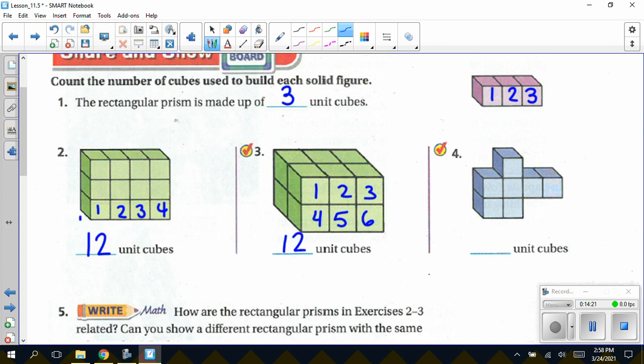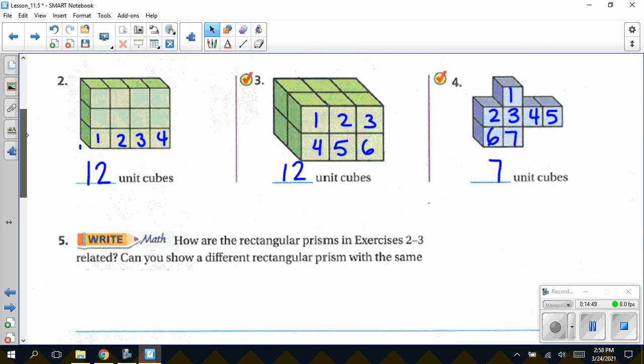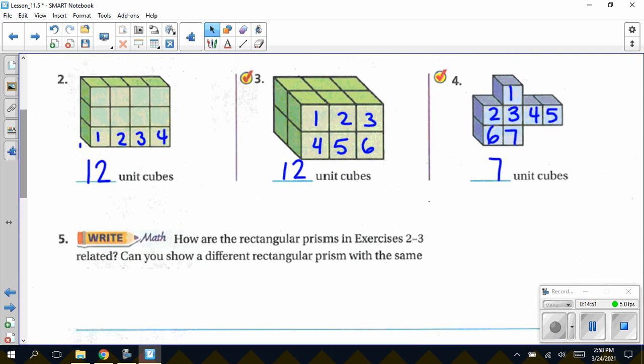Number 4 is one we definitely want to make sure we are counting. So I have 1, 2, 3, 4, 5, 6, 7. So there are 7 unit cubes for number 4. And then for number 5, they want to know, how are the rectangular prisms in exercises 2 and 3 related? So we're looking at questions 2 and 3. They want to know how they are the same.